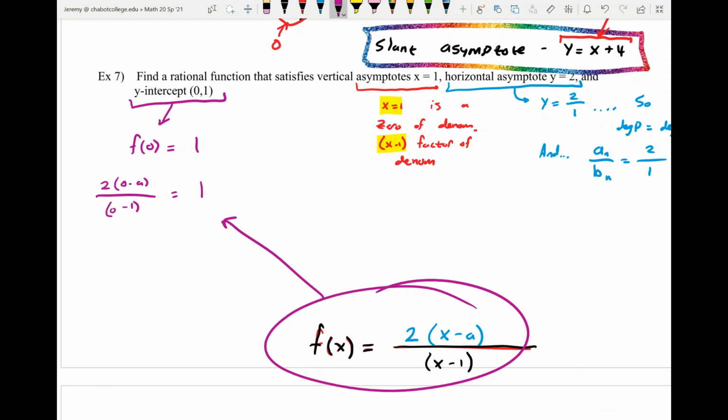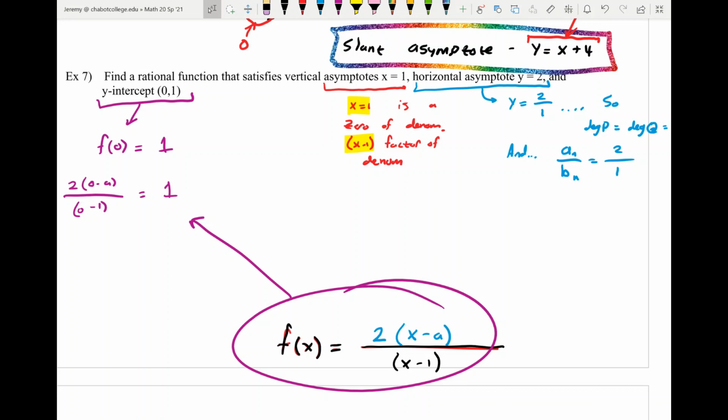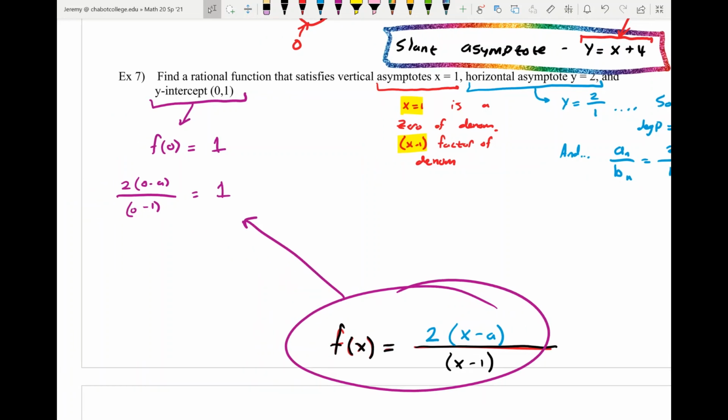This should be equal to 1. Okay, and now I'm just going to solve for the a value that makes this a true statement. So this simplifies to 2 times negative a over negative 1 is equal to 1.